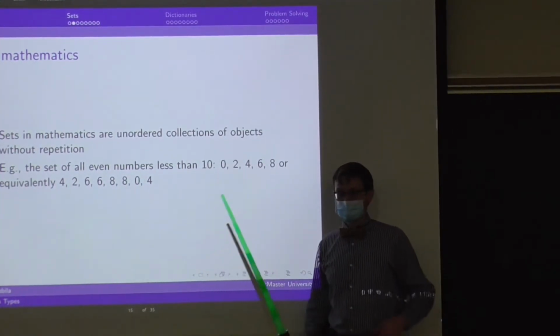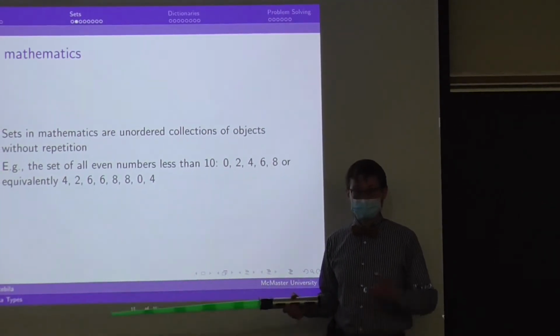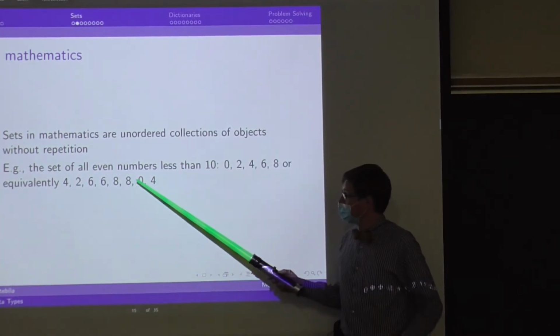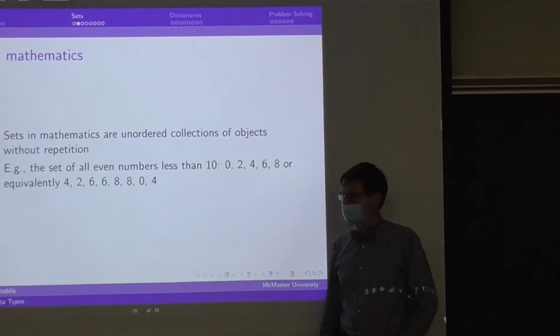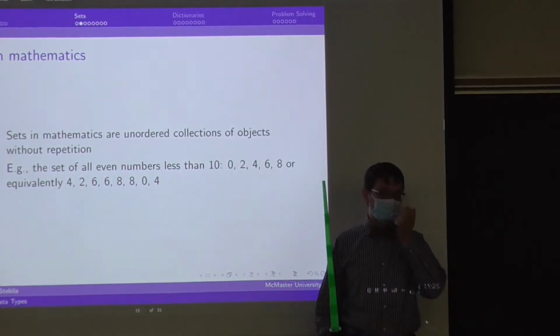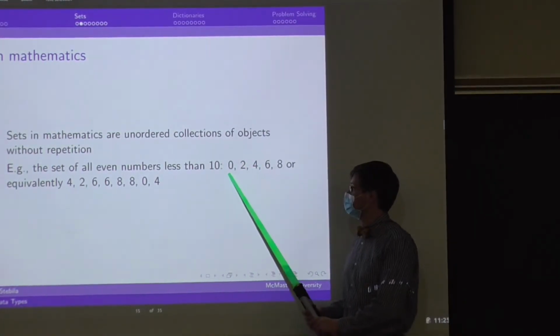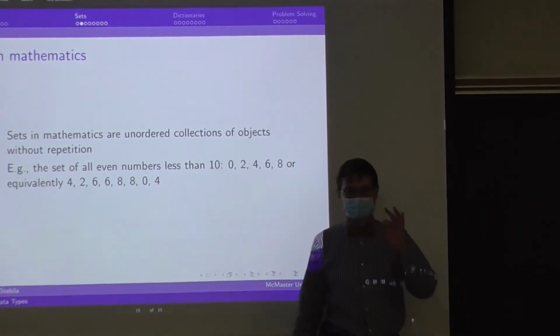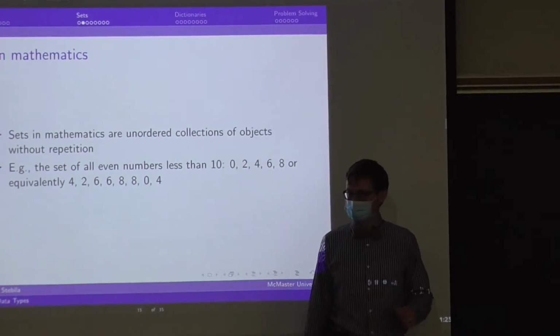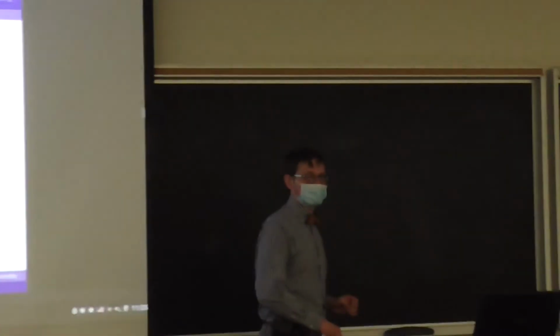The repetition does not matter. The repetition is not kept. And the ordering doesn't matter as well. In terms of set theory, this set here and this set here are the same set. Make sense? A little bit?